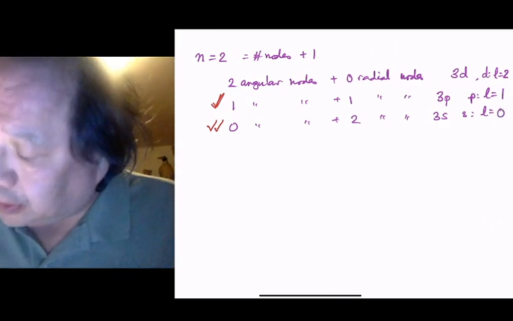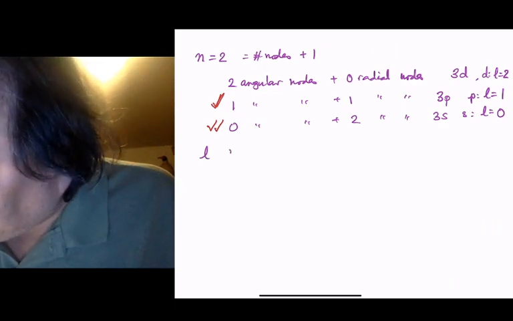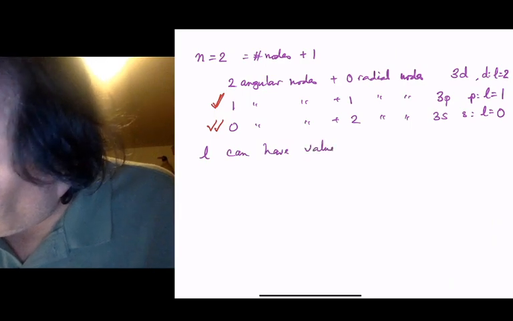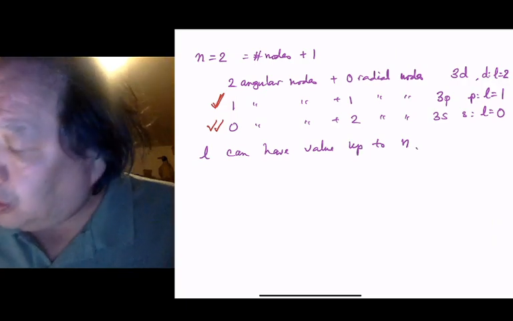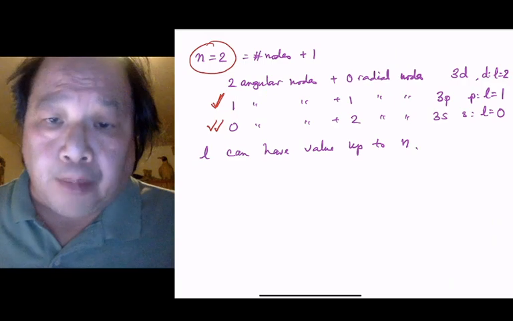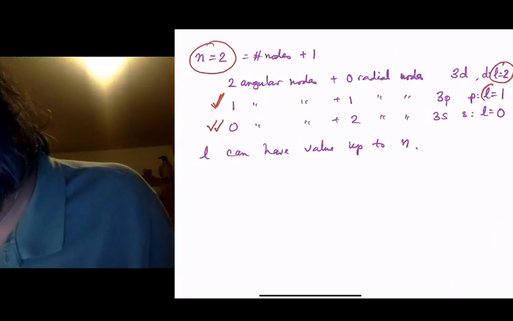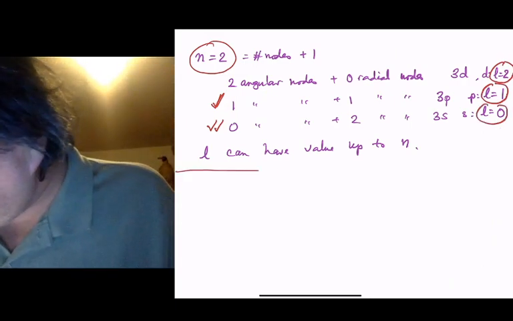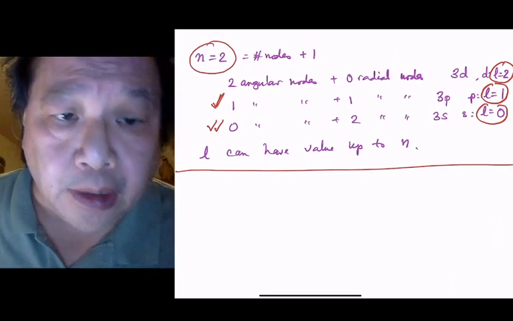And so we see that L can have any value up to n. When n was equal to 2, the only possible values for L were 2, 1, and 0. That's the relationship between n and L.